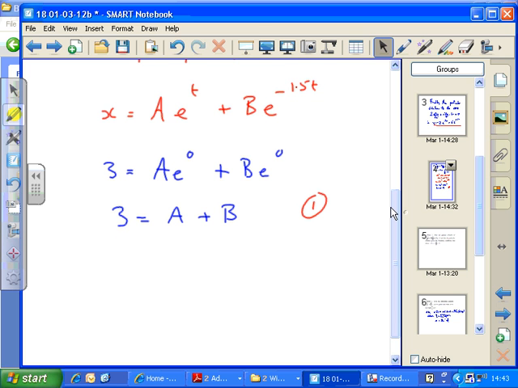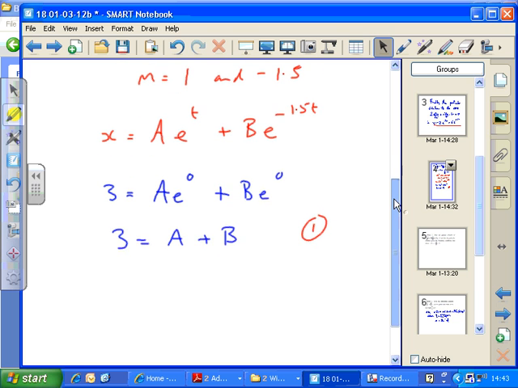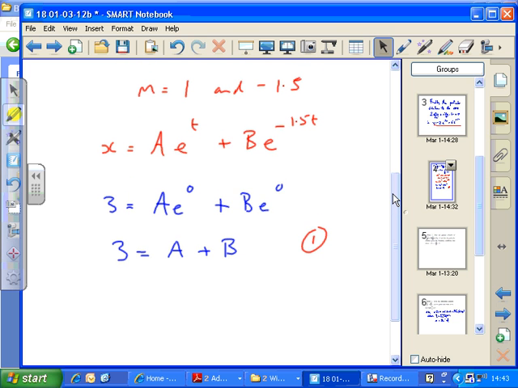And we have to differentiate. So if x equals a e to the t plus b e to the minus 1.5t, dx by dt will equal just a e to the t, because there's a 1 in front of the t, minus 1.5b e to the minus 1.5t.